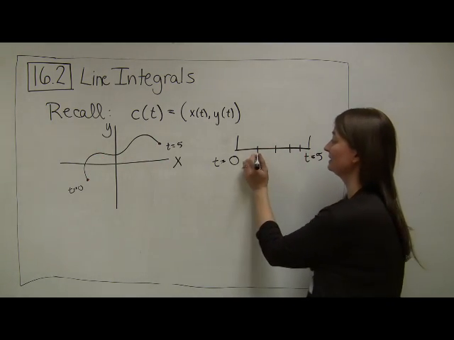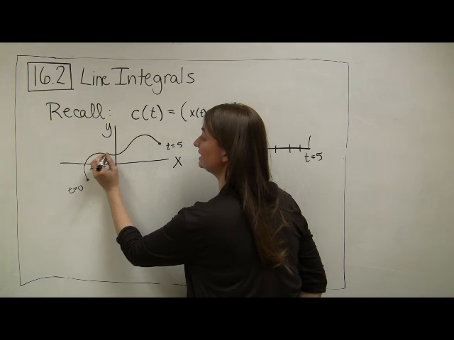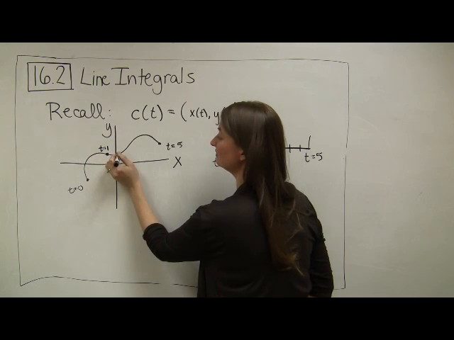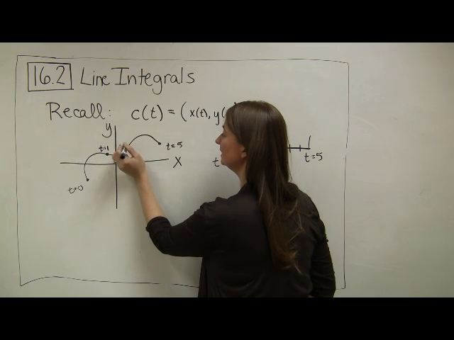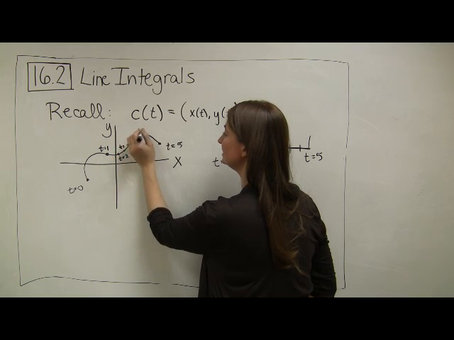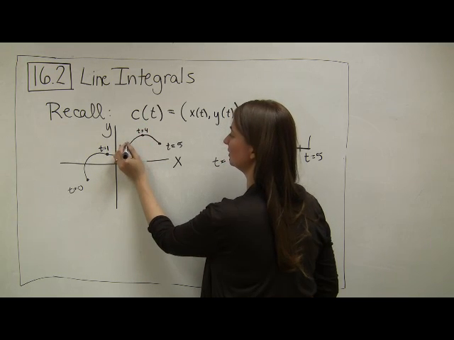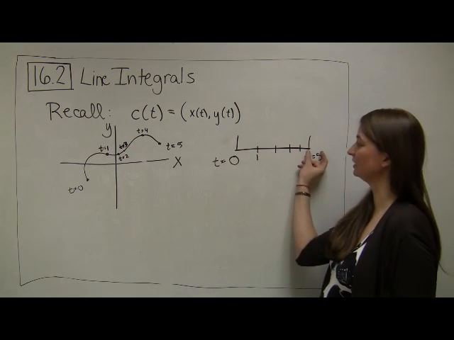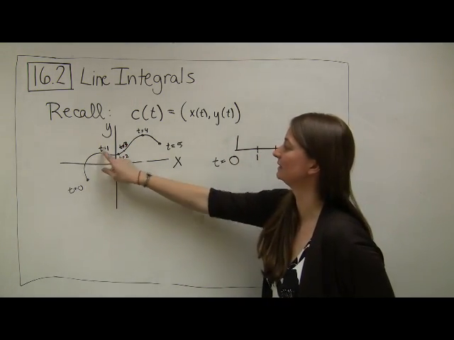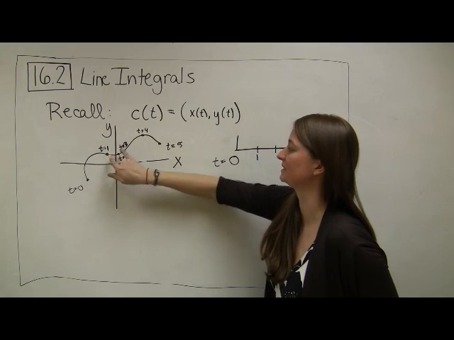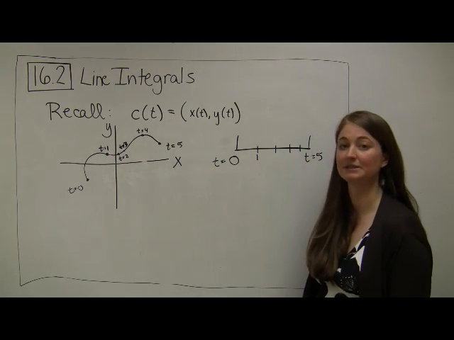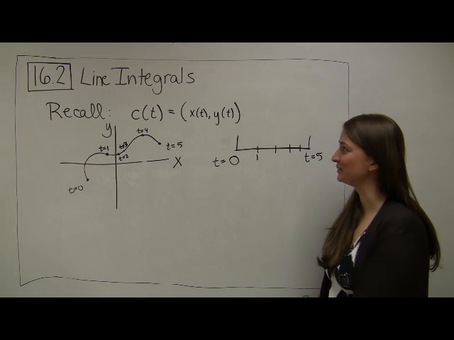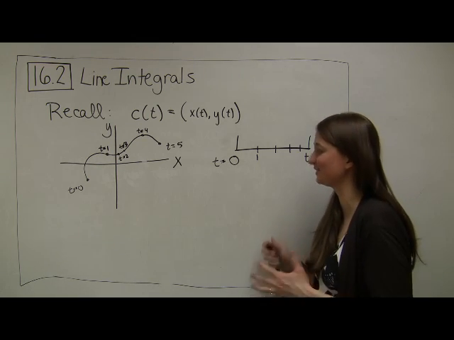Maybe at t equals 1, I made it all the way to here, and then I have little tiny baby steps, t equals 3, and then maybe t equals 4 is somewhere right around there. So as I break up t into little increments, that might not necessarily correspond with breaking up this line into evenly spaced increments. This is the basis that we need to start talking about scalar line integrals.